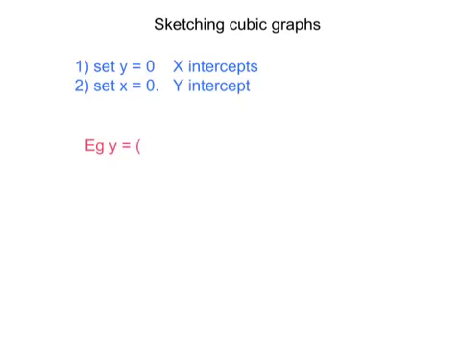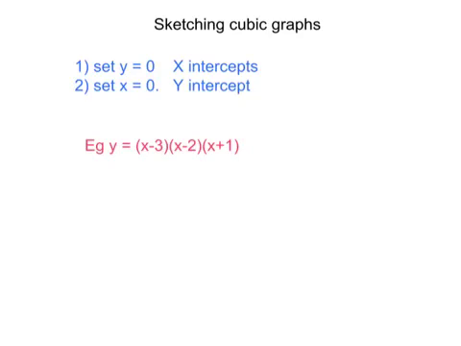It's going to be all factorised, which is what makes it nice and easy. x minus 3, x minus 2, and then x plus 1. Okay, so that's the question: you've got to sketch this graph.